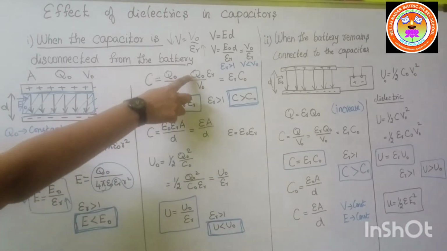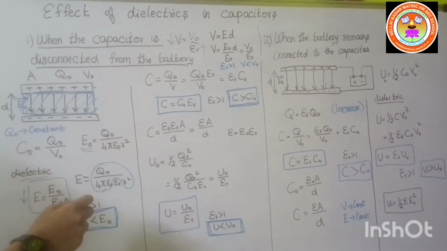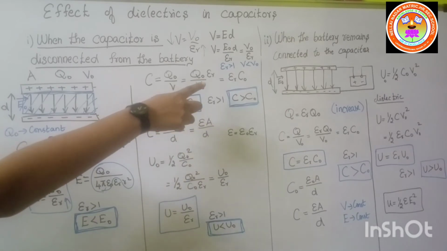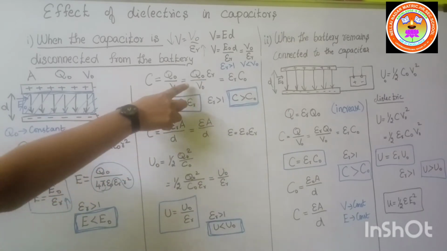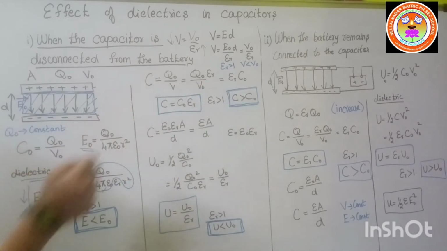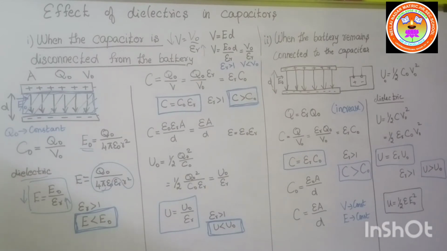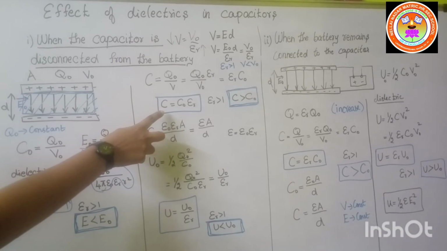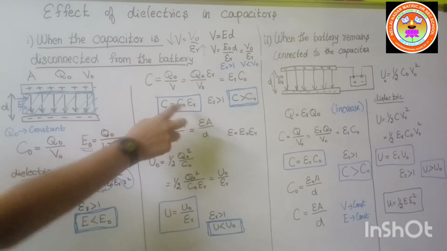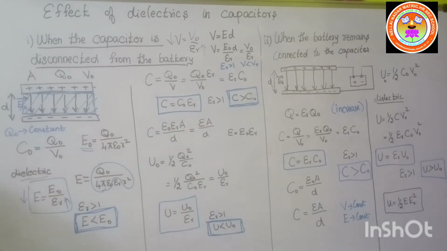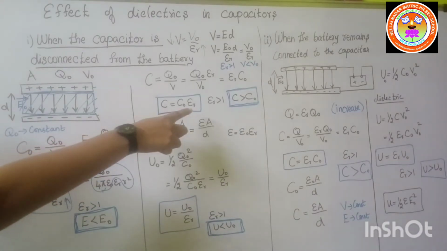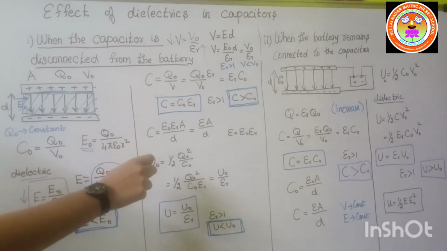Here Q naught by V naught, both for the air medium, we can write the capacitance as C naught. So I will get the formula C is equal to C naught into epsilon r. You know that epsilon r is greater than 1 for any other medium.